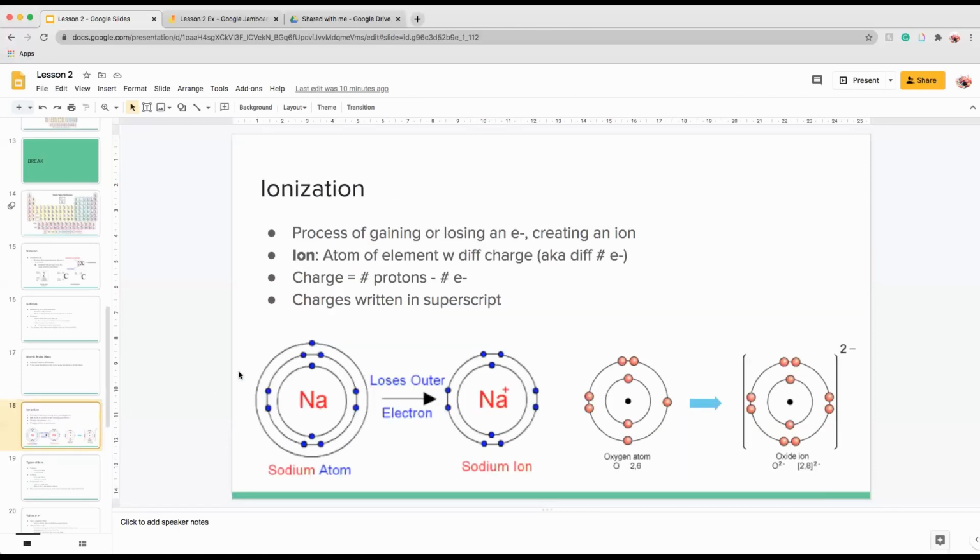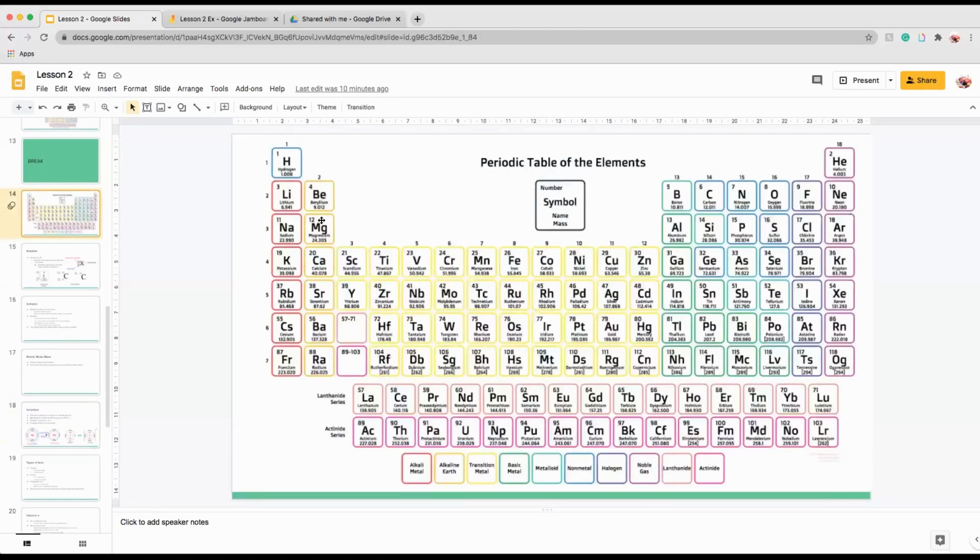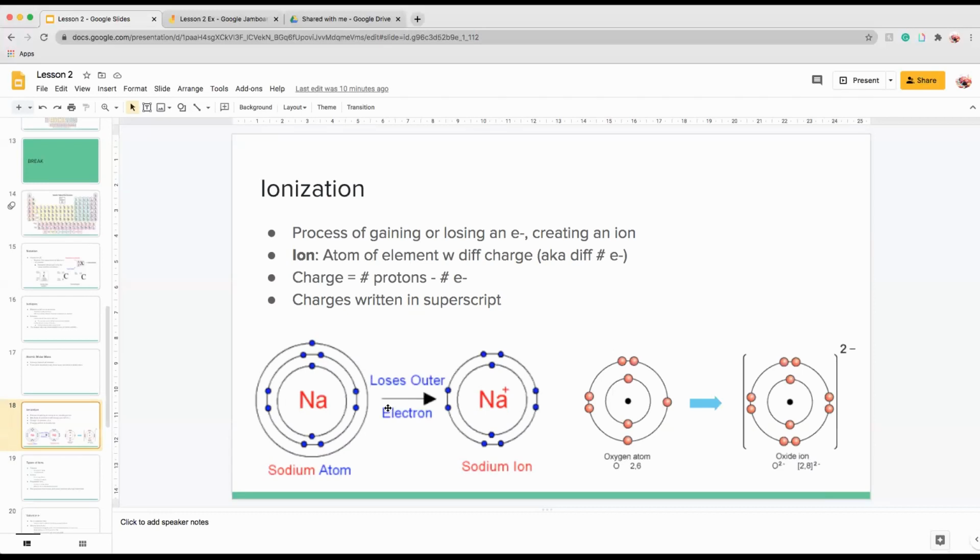So let's see, sodium has 11 protons. Expanding on my example here, since sodium has 11 protons, this sodium atom will have 11 electrons. And then let's say we don't know the charge of this sodium ion.